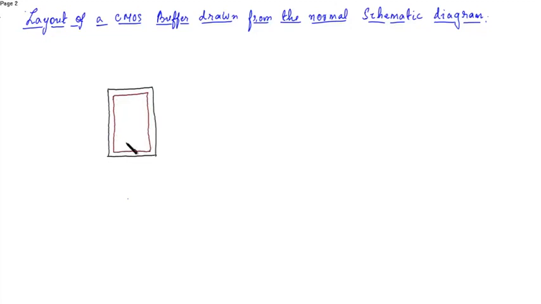Now in the same area we have to take the N diffusion layer, which is green in color. Now in order to draw an inverter, you have one PMOS, one NMOS. This is the source, gate, drain, drain, gate and source.